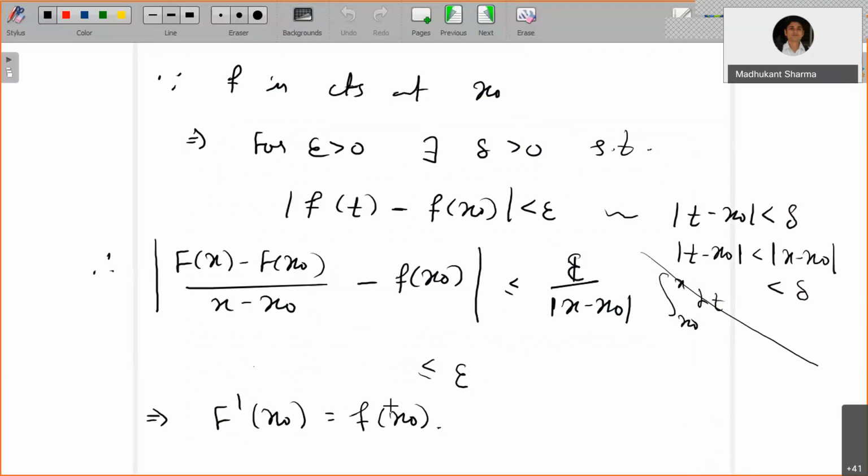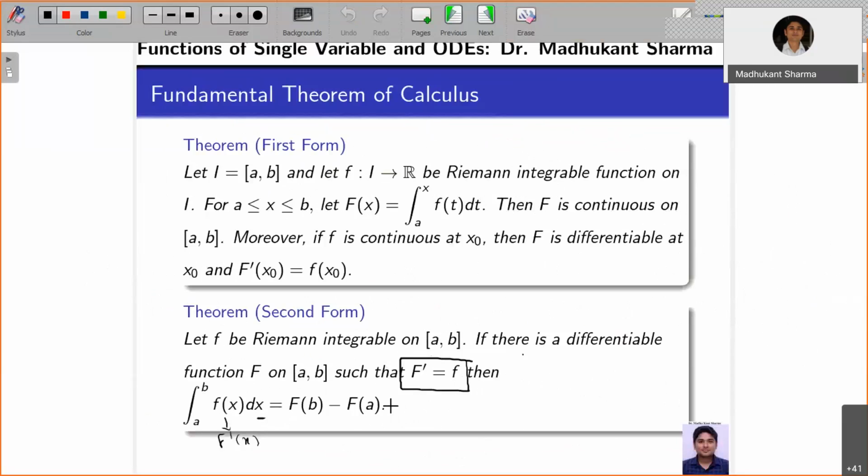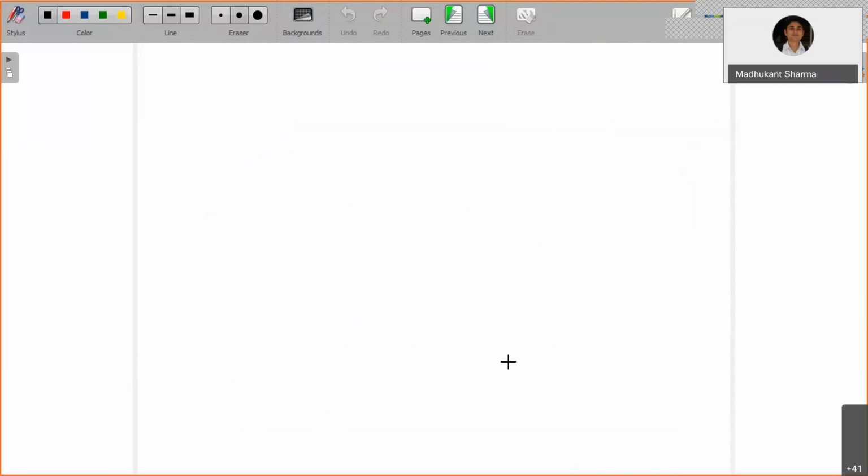Okay, and let's see how we will apply this to different examples. So in the second form, if you look at it carefully, what are the conditions attached? The very first is f belongs to the class of Riemann integrable functions.